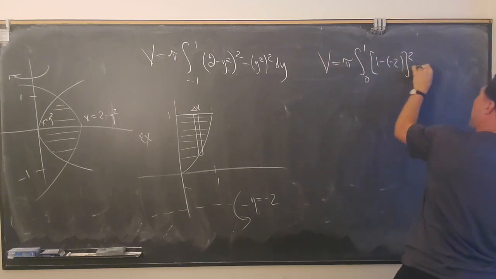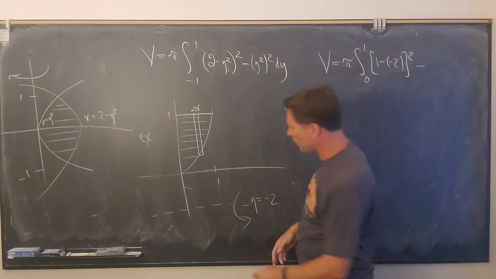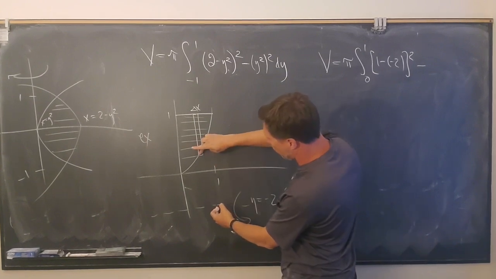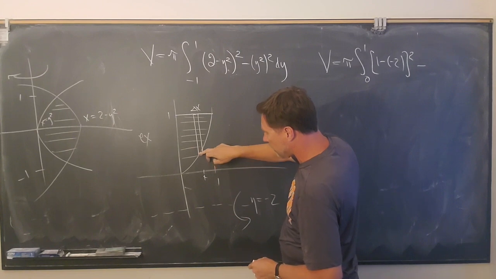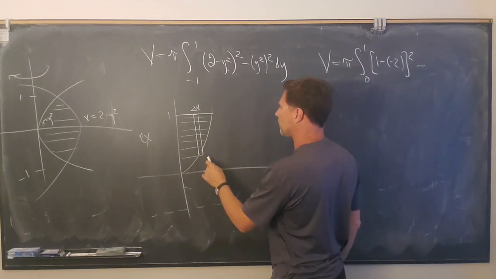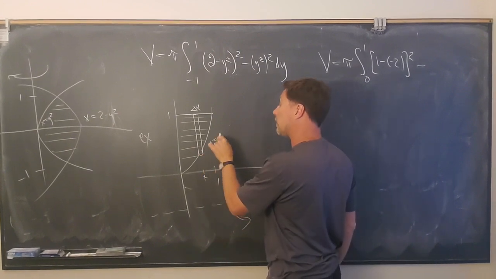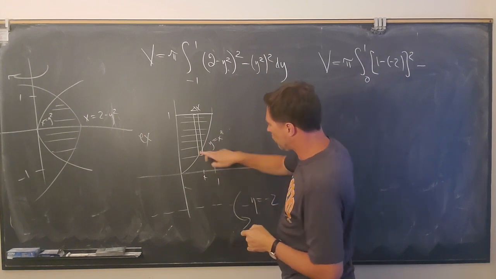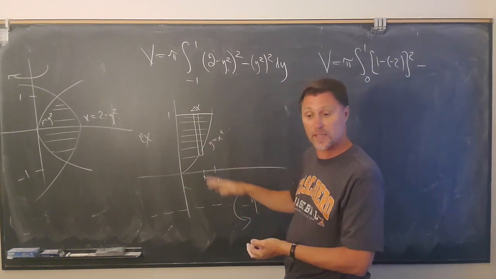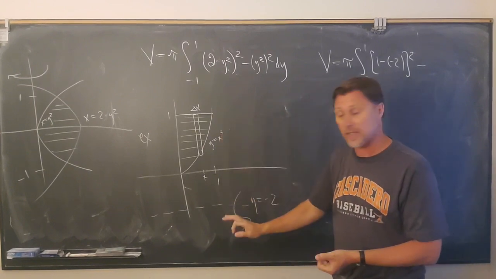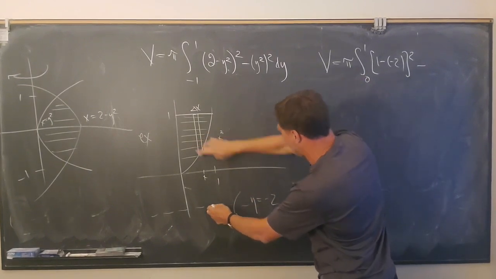And then we subtract away the inner solid. How do I compute this distance right here? Well, this point right here, if we're chopping at position x, oh sorry, I didn't write down the name of the function, y equals x cubed. It will be x cubed minus negative 2. To compute distance is always larger minus smaller, so this is y minus negative 2.